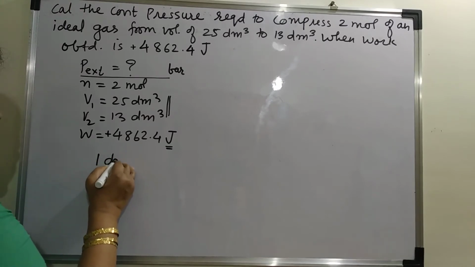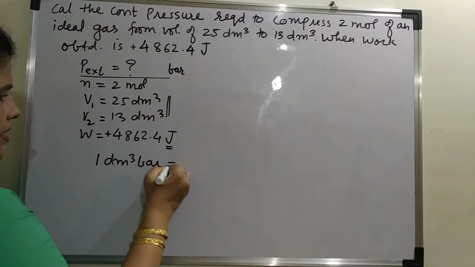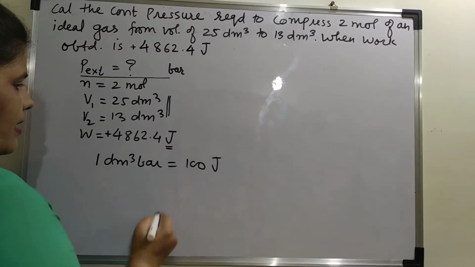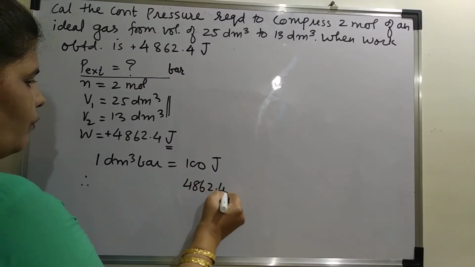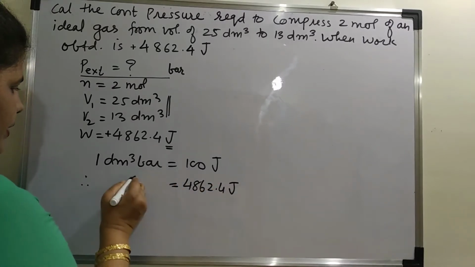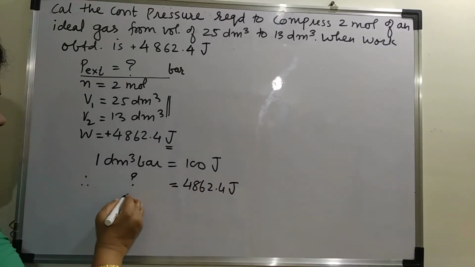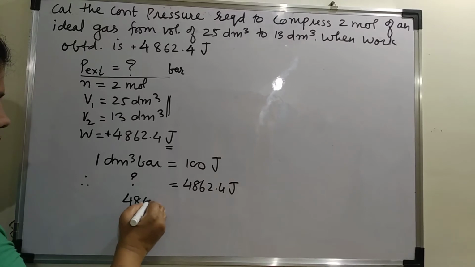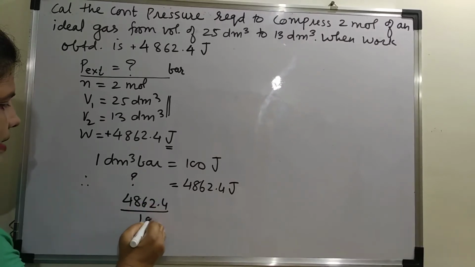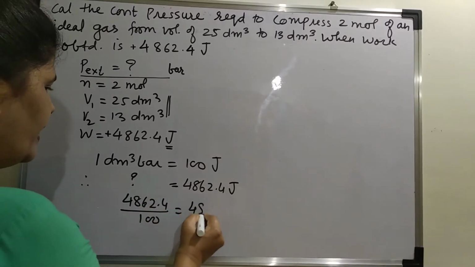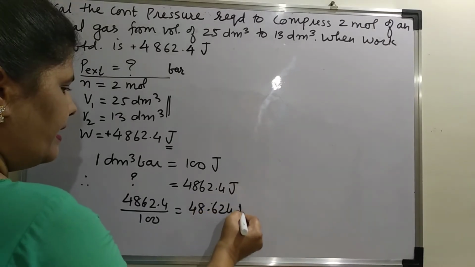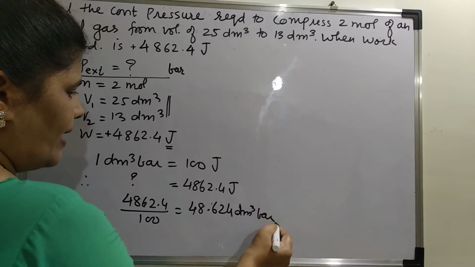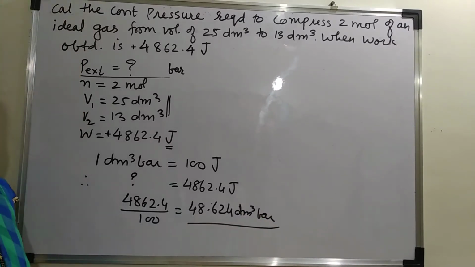So 1 dm cube bar is equal to 100 J. Therefore, 4862.4 J will correspond to how much? It will be 4862.4 divided by 100, so it will be 48.624 dm cube bar. So I have converted this to dm cube bar.